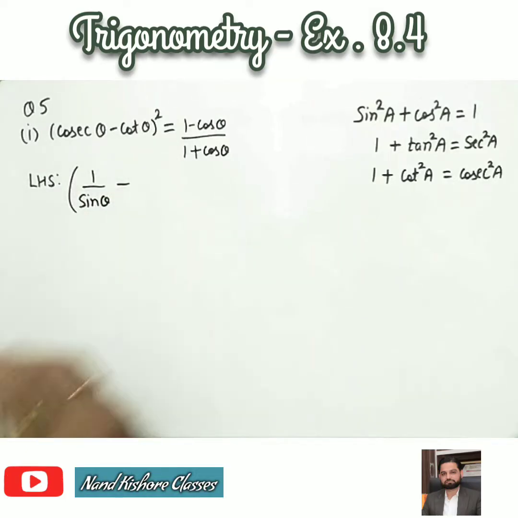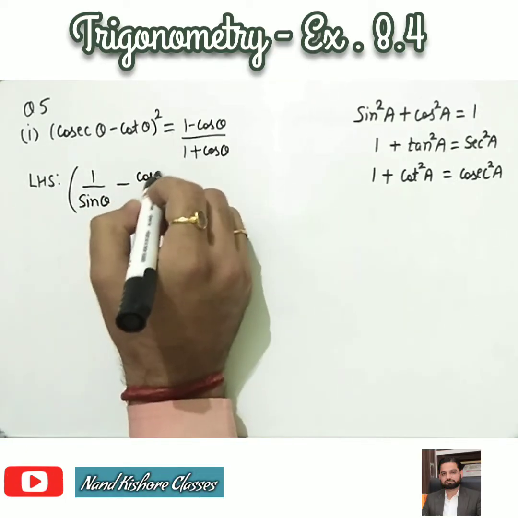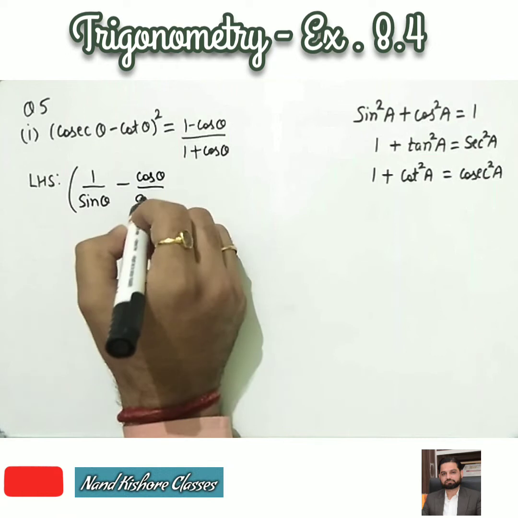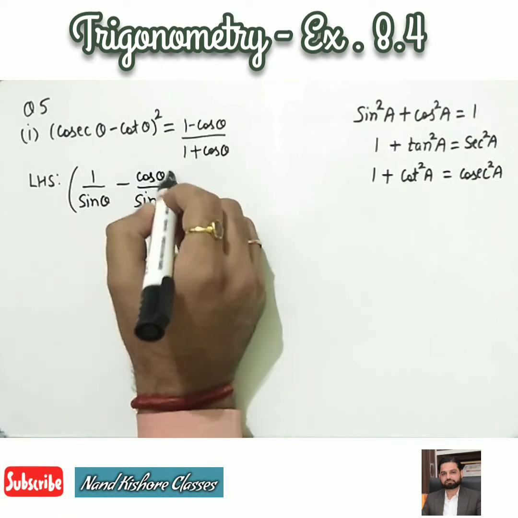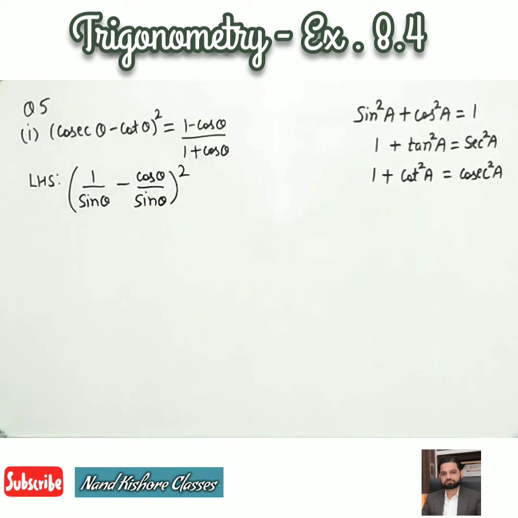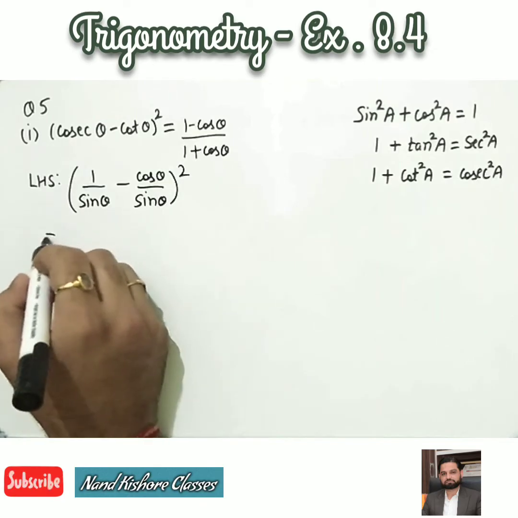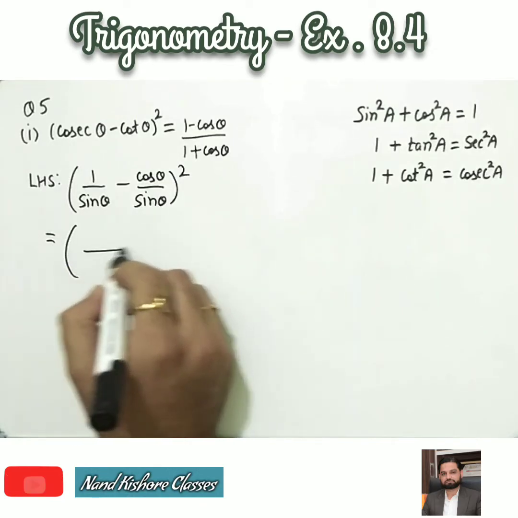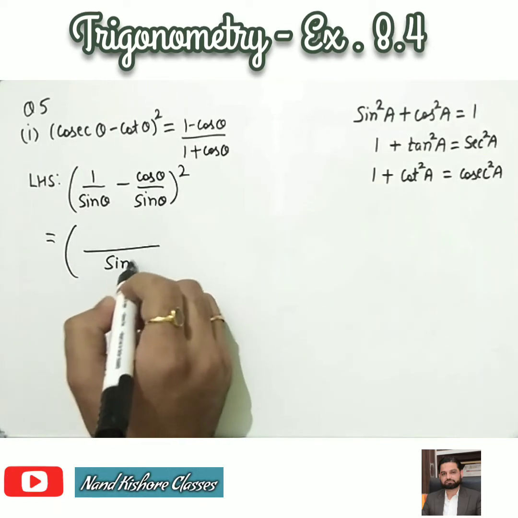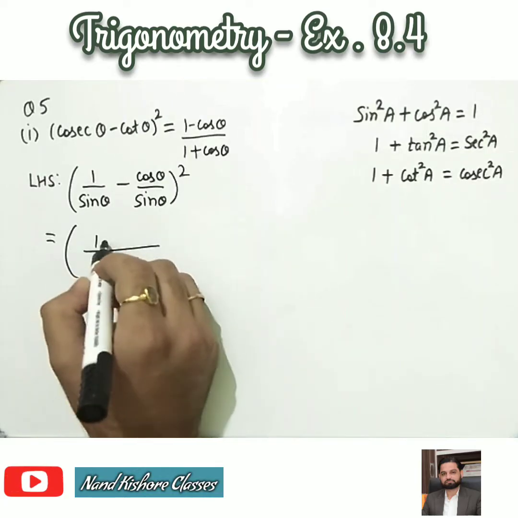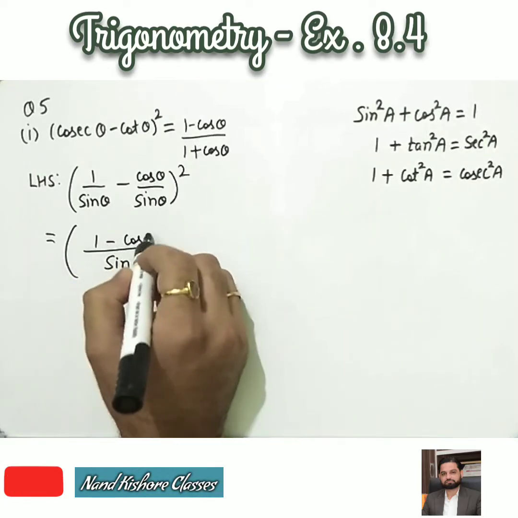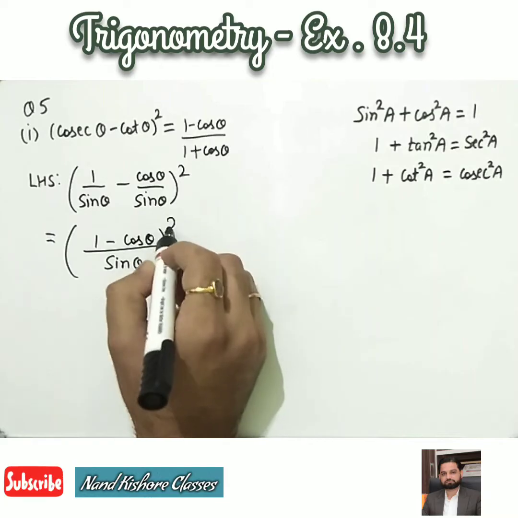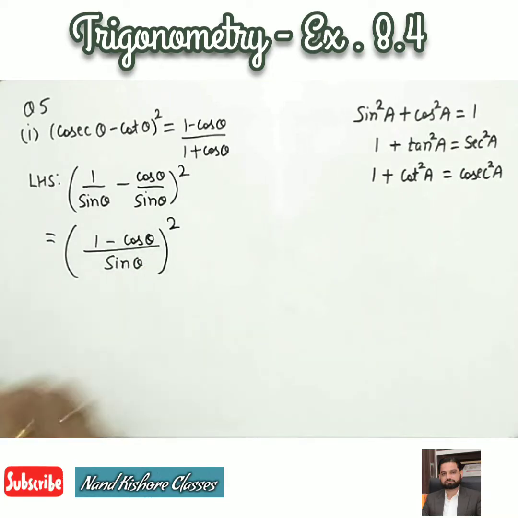Cotangent theta can be written as cos theta upon sin theta, right? And square is already there. What next can be done? Take sin theta LCM, and in numerator we get 1 minus cos theta only, whole square as it is.